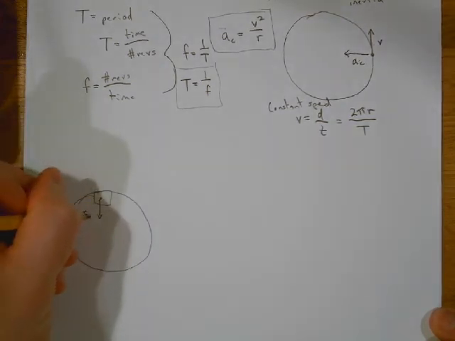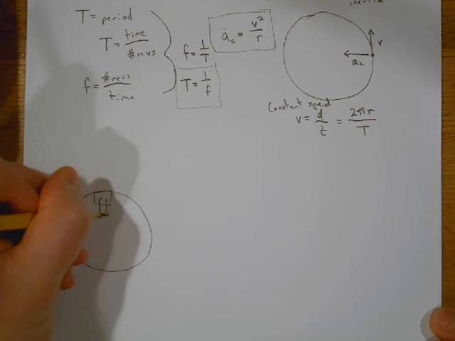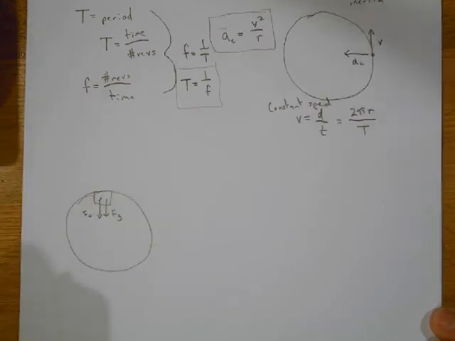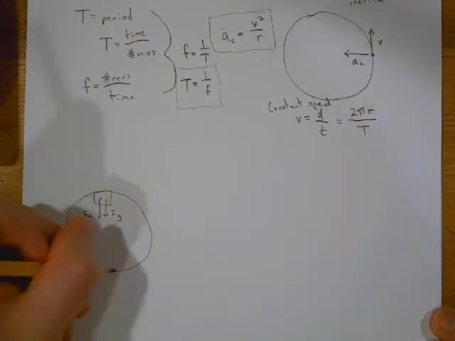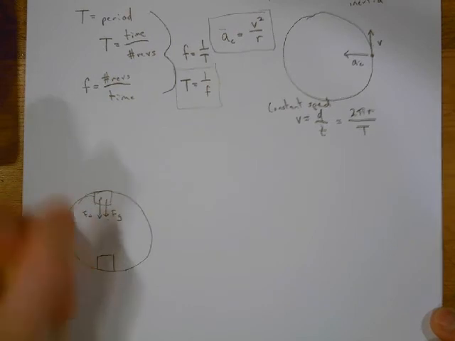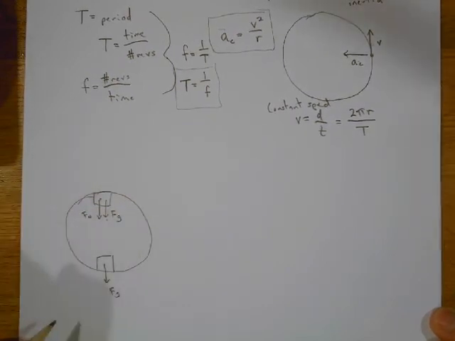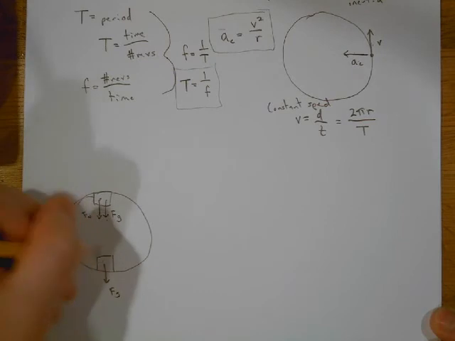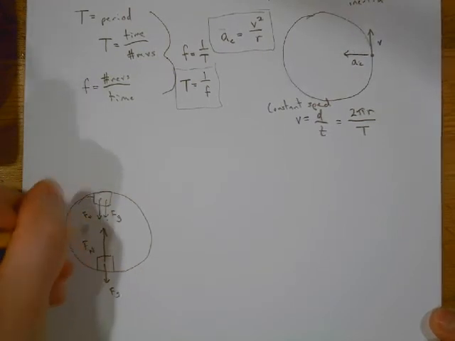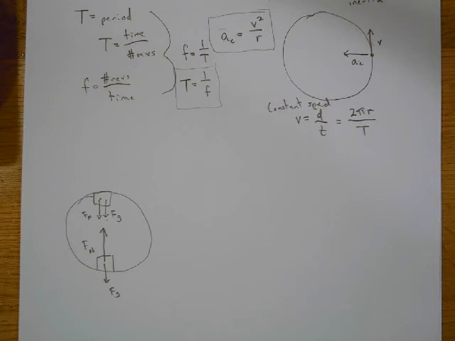You would say, well, I have this normal force pointing down. I have this force of gravity also pointing down. At the bottom, I have the same force of gravity pointing down. But if I'm moving in a circle, I have to have a bigger normal force pointing up. Why? Because it has to be accelerating towards the center.